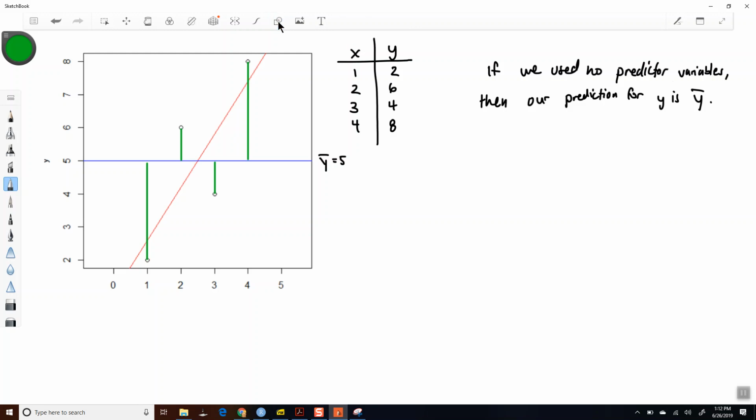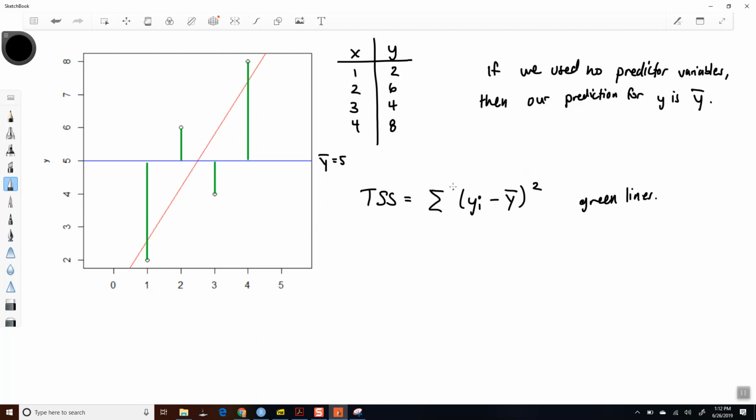So the total sum of squares is equal to the sum of the green lines.